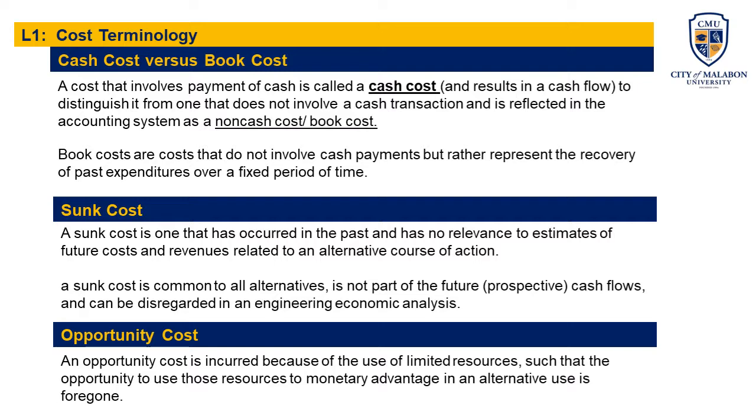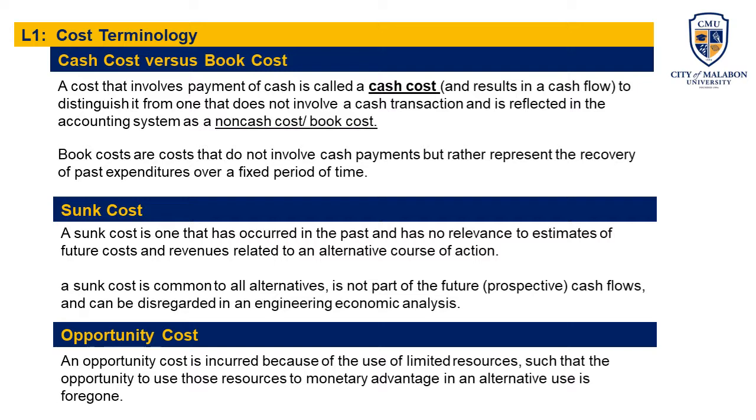Next, we have sunk cost. A sunk cost is one that has occurred in the past and it doesn't have relevance to the estimates of future costs and revenues related to an alternative course of action. So, a sunk cost is common to all alternatives.